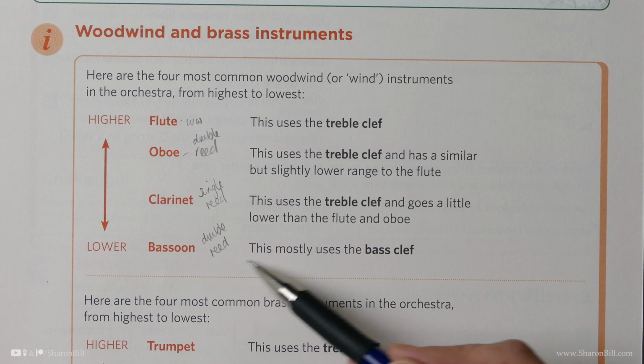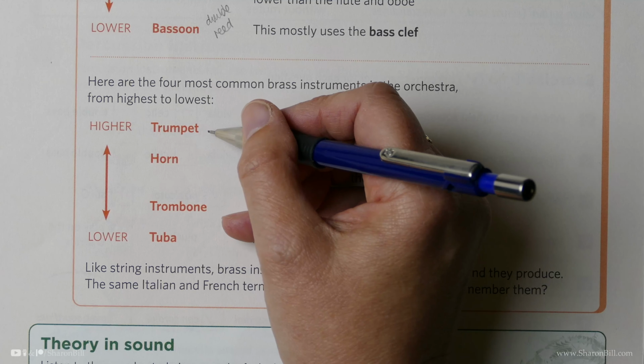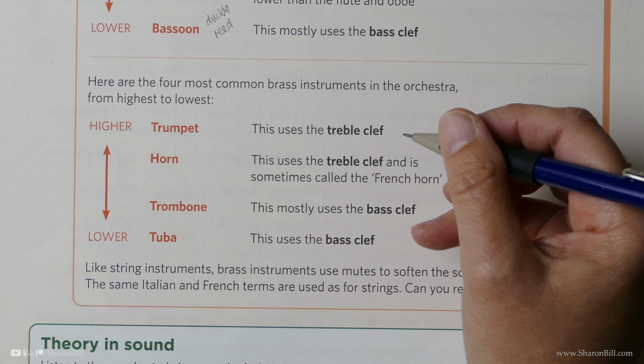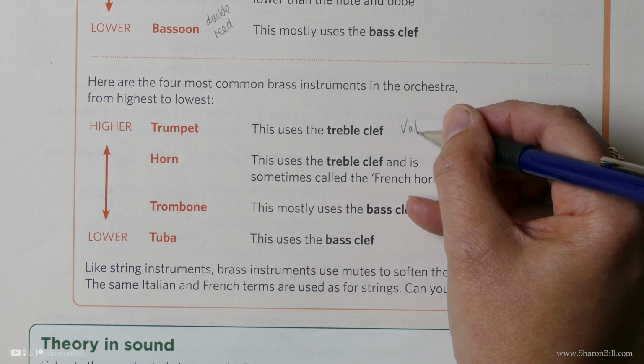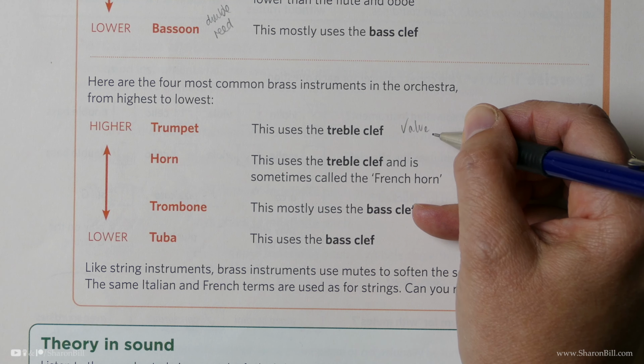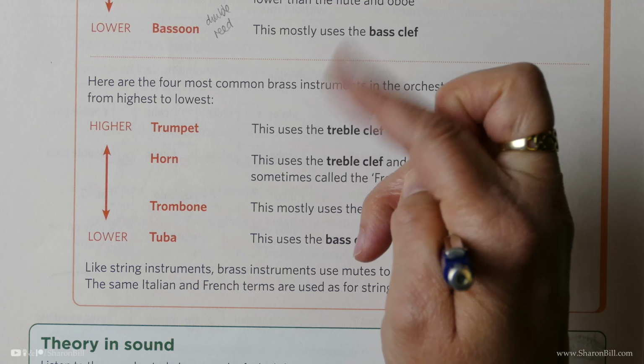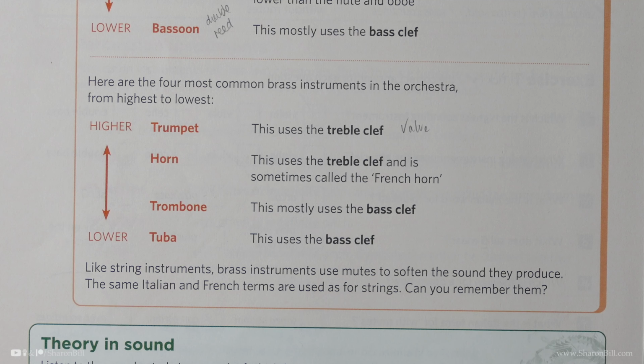And then we move on to the brass family. Now the trumpet is the orchestral version of the cornet. The cornet is for brass bands, the trumpet is the orchestral instrument, and that's a valve instrument, where you press little valves down to change your pitch.